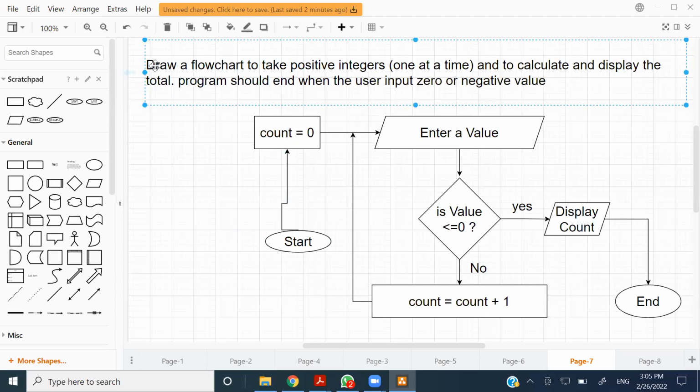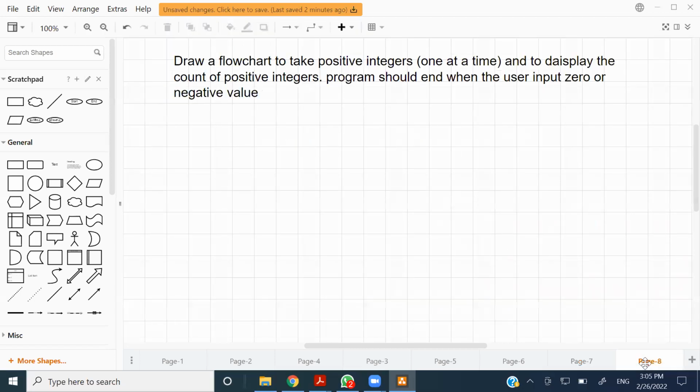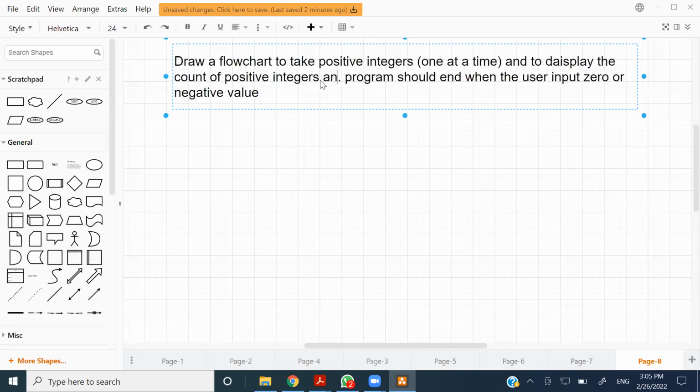So here comes the next question. Is this clear?